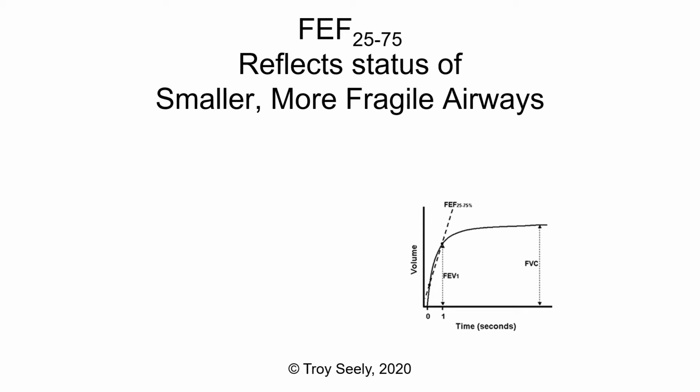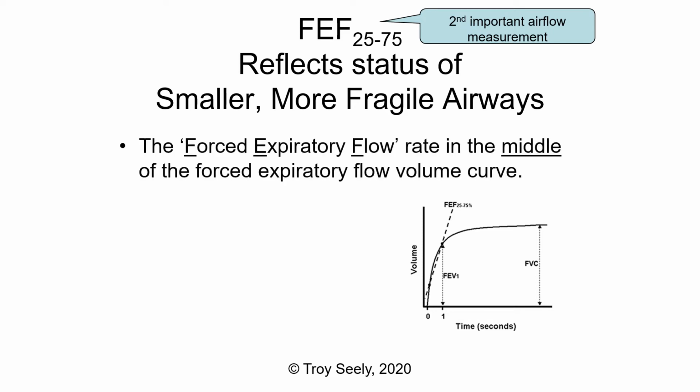FEF 25-75 is deemed the second most important airflow measurement, and it will reflect the status of smaller, more fragile airways. So the FEF is the forced expiratory flow rate, and it's in the middle of the forced expiratory flow volume curve. What do I mean by that? Well, it's the average flow from the point at which 25% of the forced vital capacity has been exhaled to the point at which 75% of the forced vital capacity has been exhaled.